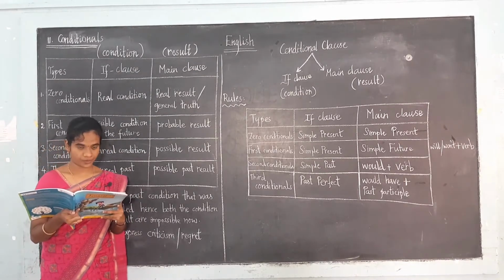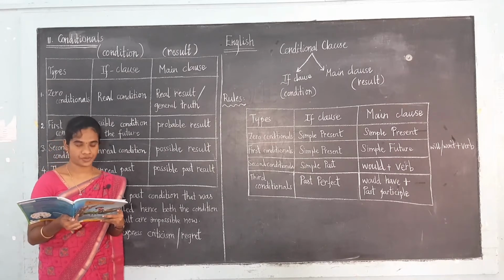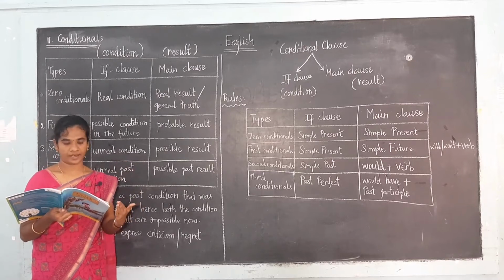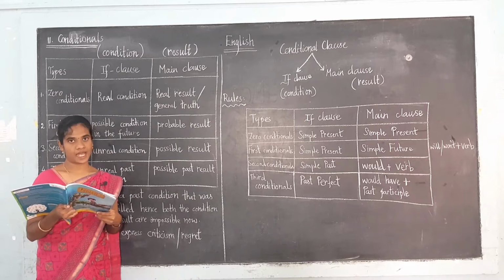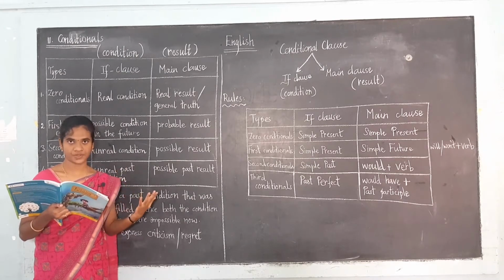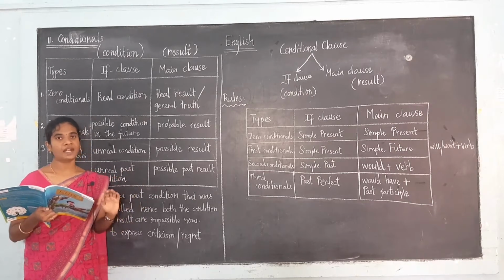If I were you, I would let the electrician take care of the fuse. So if I were you, now if I were in your place, I would let the electrician take care of the fuse. So if I were in your place, I would help the electrician.